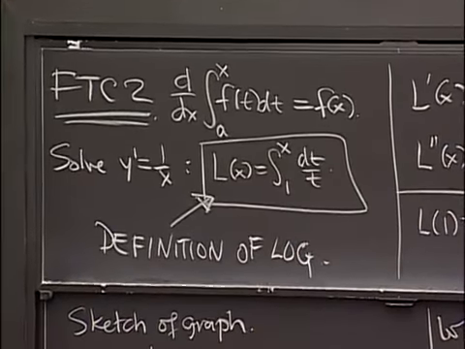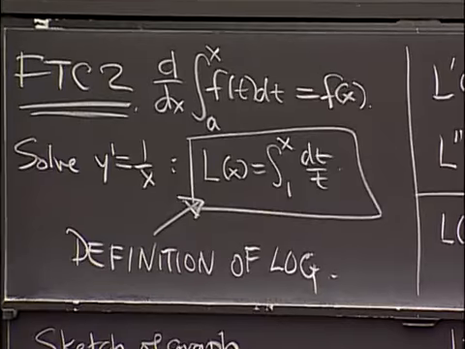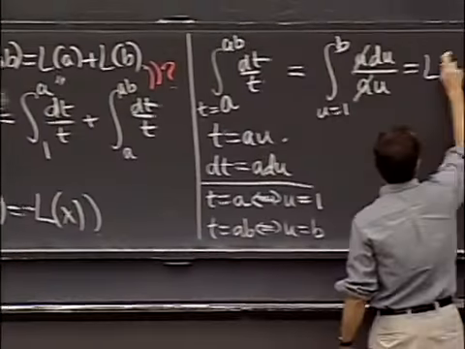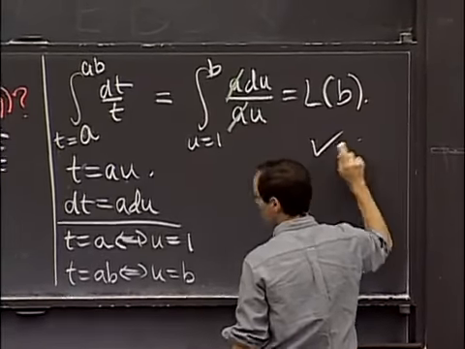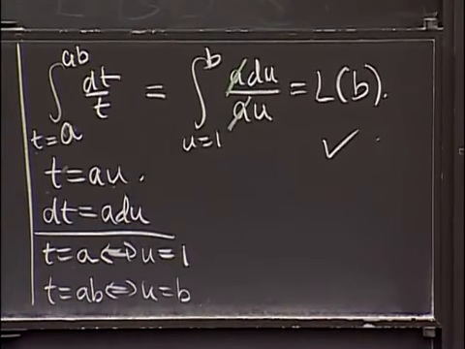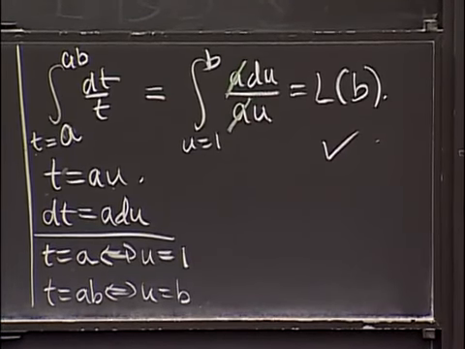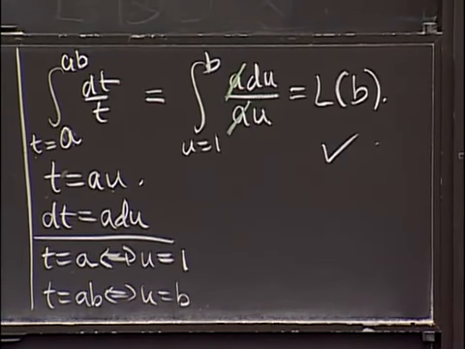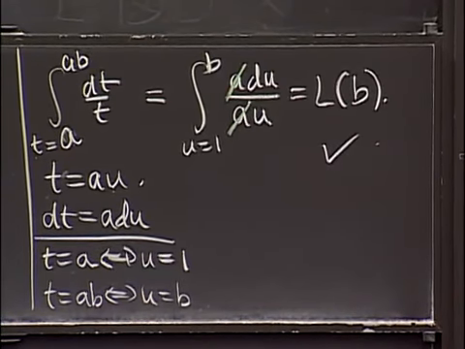And the fact that I used the letter t there is irrelevant. It works equally well with the letter u. So this is just L of B, which is what we wanted to show. All right, so that's an example, and you have one on your homework which is a little similar.